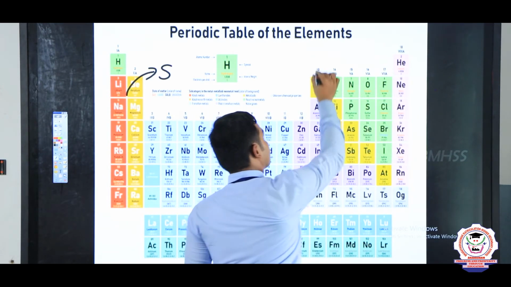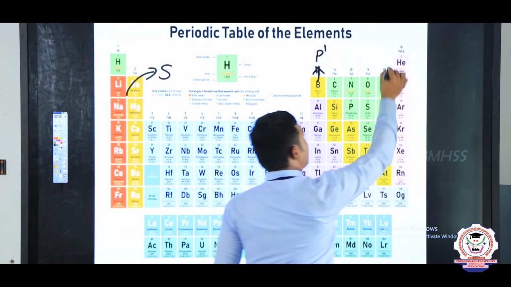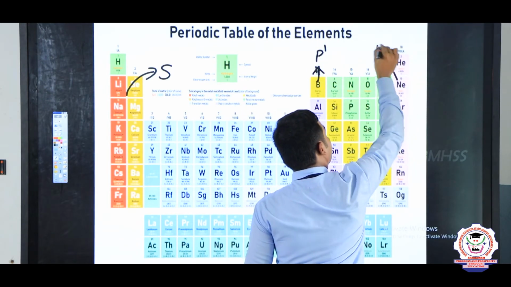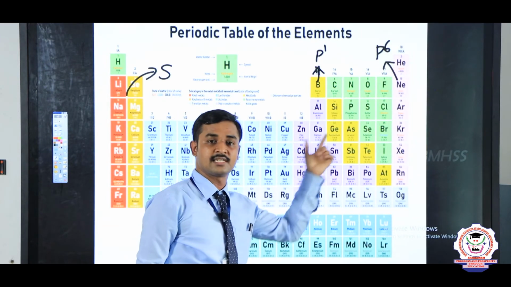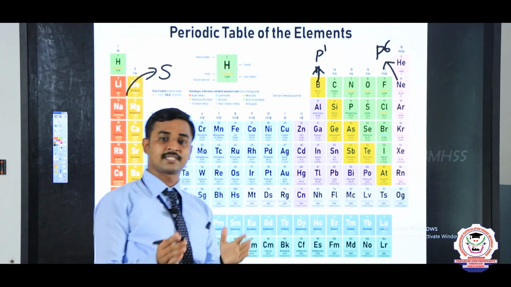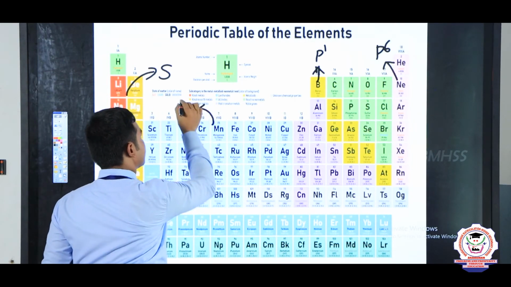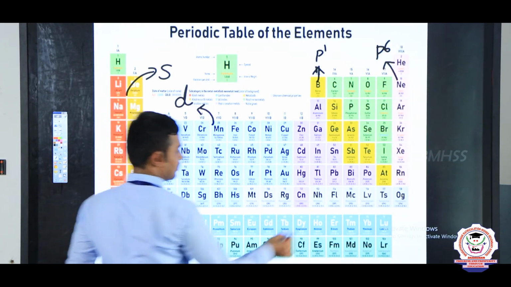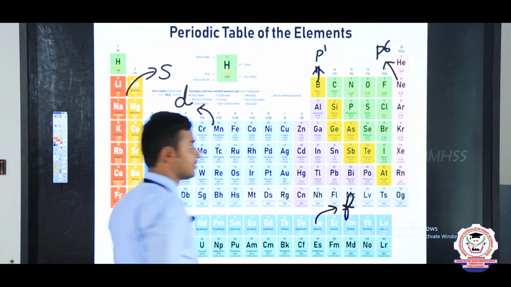For example, the first, boron, contains p1 and neon contains p6. So, the 6 groups present on the right side are represented as p block elements, and the center block is the d block. The last one at the bottom is the f block.